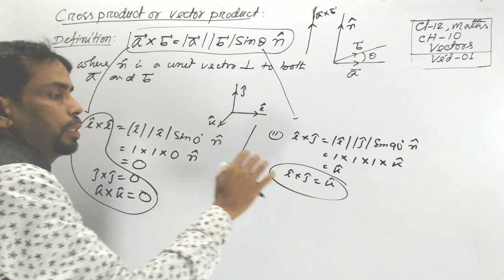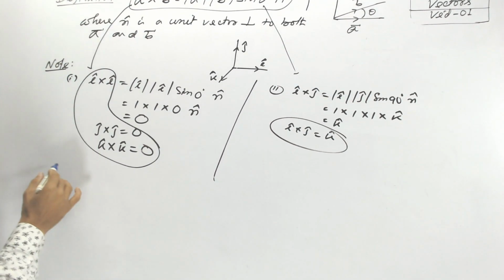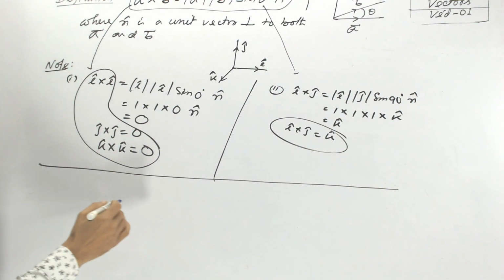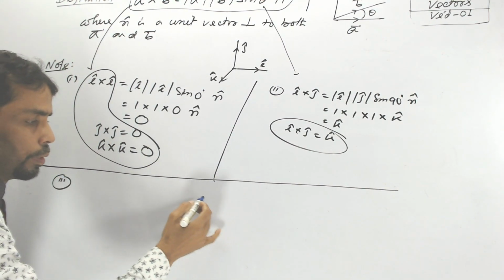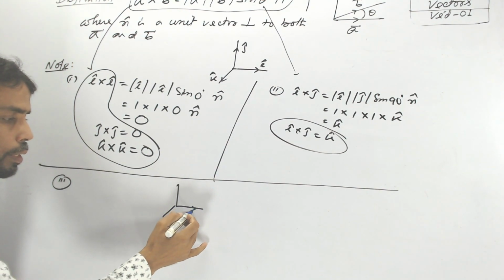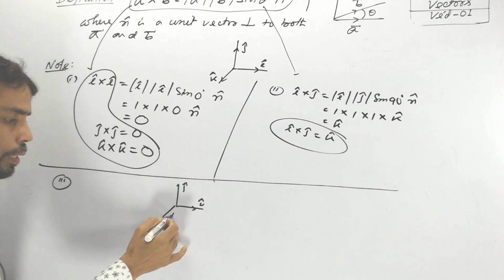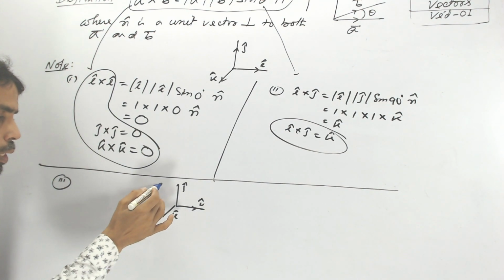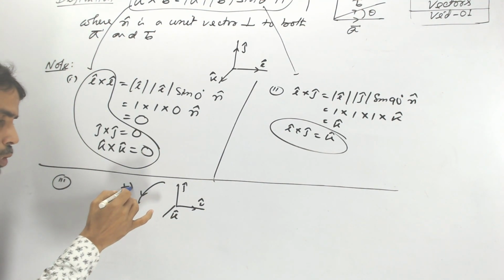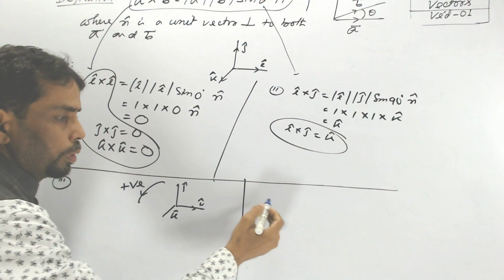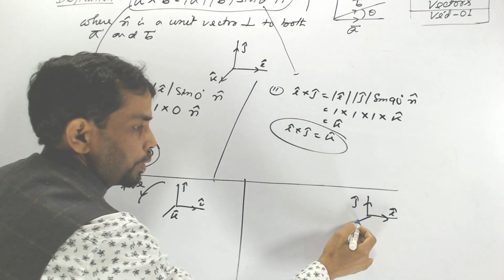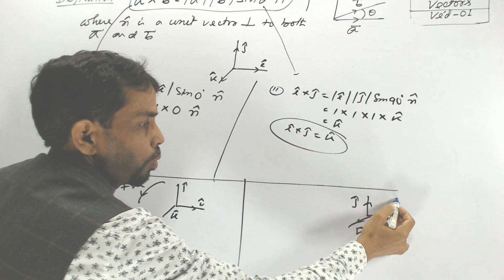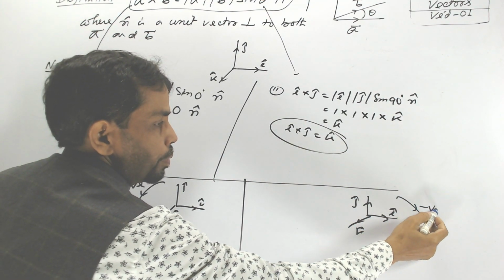For memorizing this, I am giving a technique. You take i, j, k in the anti-clockwise direction and it is positive. When you take them in the clockwise direction, it is negative.